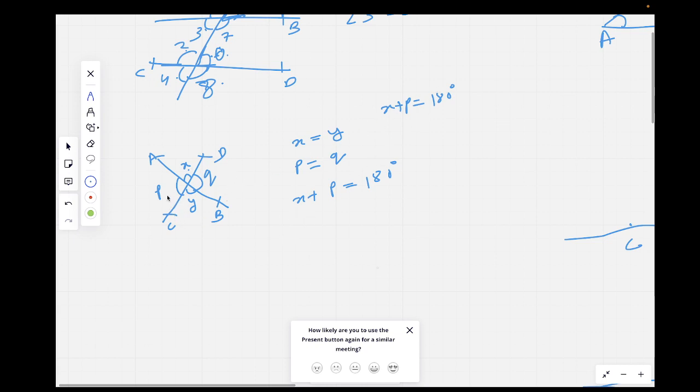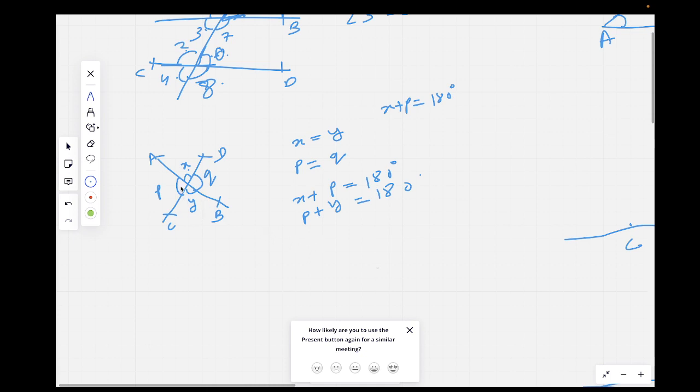And similarly, P and Y will be 180 degrees. So A and B is a straight line, and again P and Y are supplementary angles. Cool.